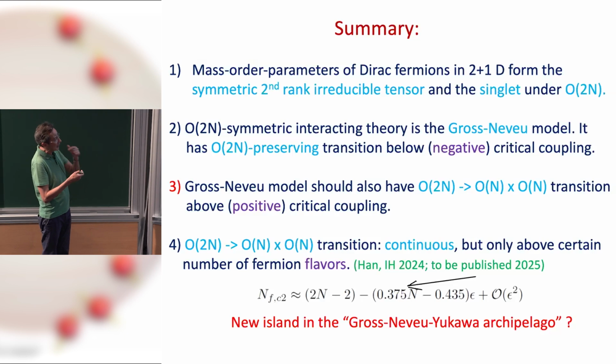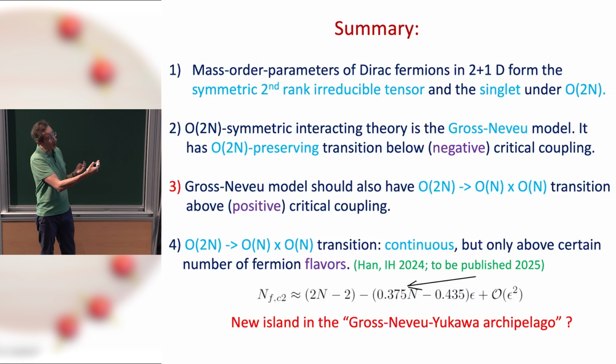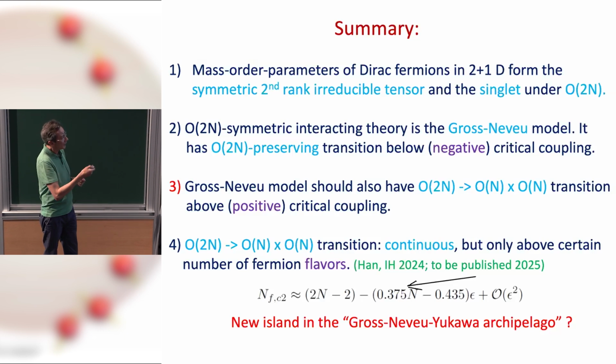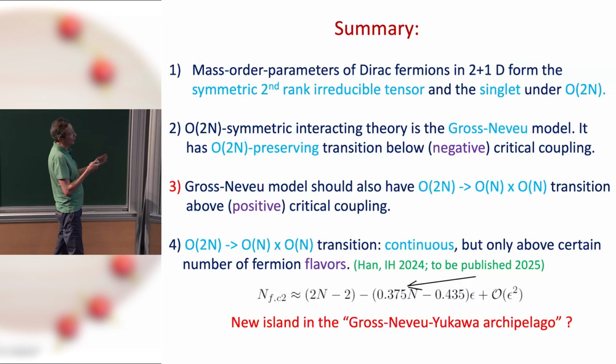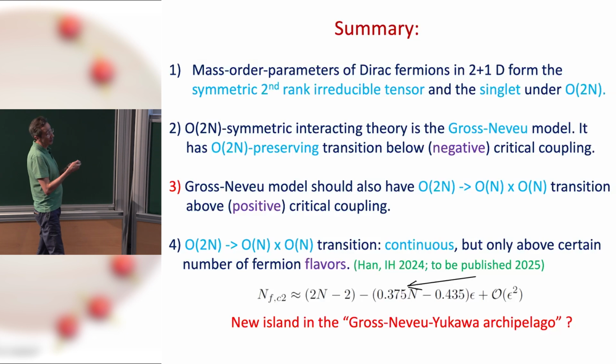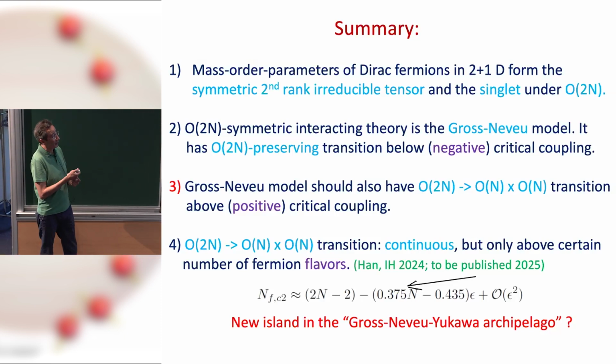And we see that it is unlikely because we see how hard one has to work in the equivalent formulation of the problem, Gross-Neveu Yukawa, where you find that the transition indeed can be continuous, but only at the cost of artificially introducing a large number of fermion flavors, which is just pinned to 1 in the actual Gross-Neveu model. But of course, you can introduce a different number, and you see that in fact it's difficult to bring that number all the way down to 1, at least within the epsilon expansion.